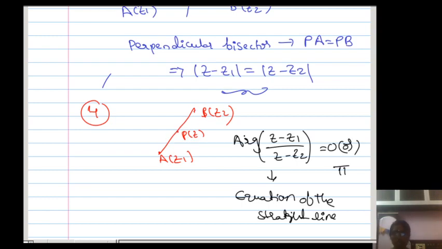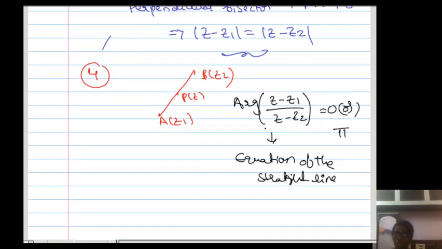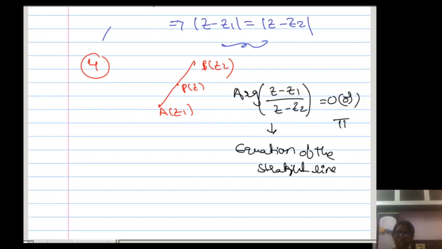Slopes means theta, meaning the arguments are the same. Subtracting, you get 0, or on the opposite side you get pi also. Whenever you identify this, I can say it represents a straight line equation, and the points lie on the same line.